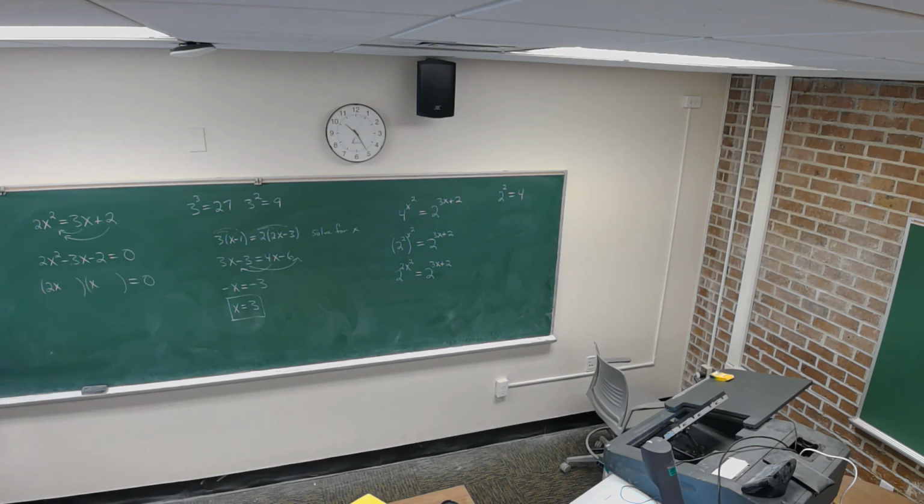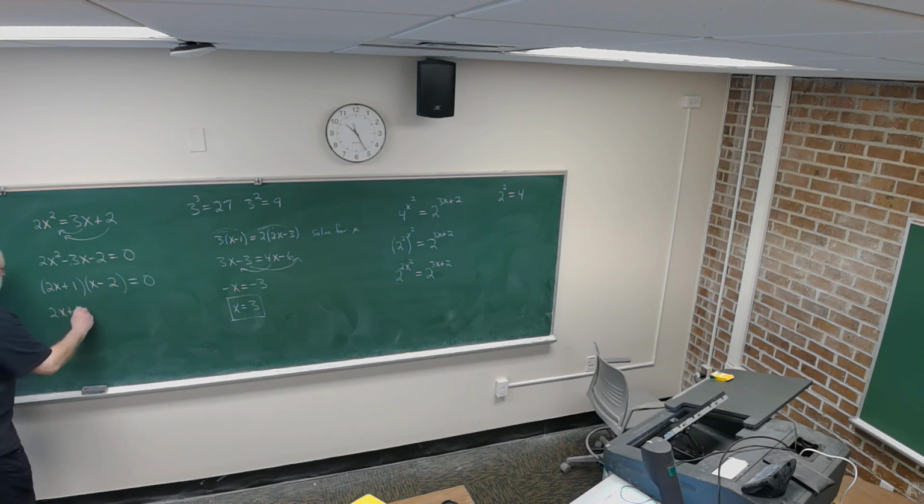What does that factor to? What are the numbers? 2x, what goes after 2x? Anybody know? Plus 1. What goes after the x? Minus 2, right? We have 2x plus 1 times x minus 2.